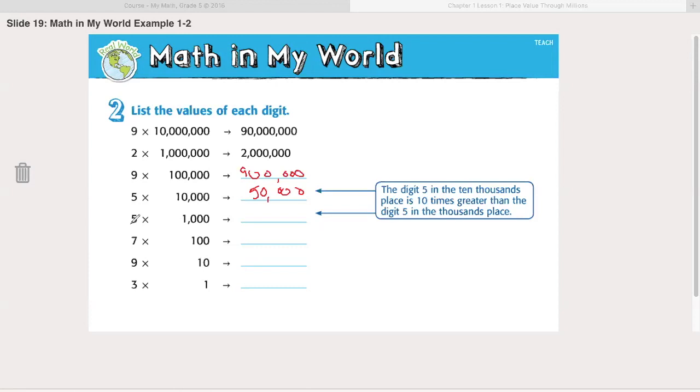The 5 to its right is in the thousands period, but it is in the ones place within that period. So it is in the 1,000s place. Therefore, it is worth 5 times 1,000, which is 5,000. The 7 is in the hundreds place. It is worth 700. The 9 is in the tens place, which is worth 90. The 3 is in the ones place, which is worth 3.